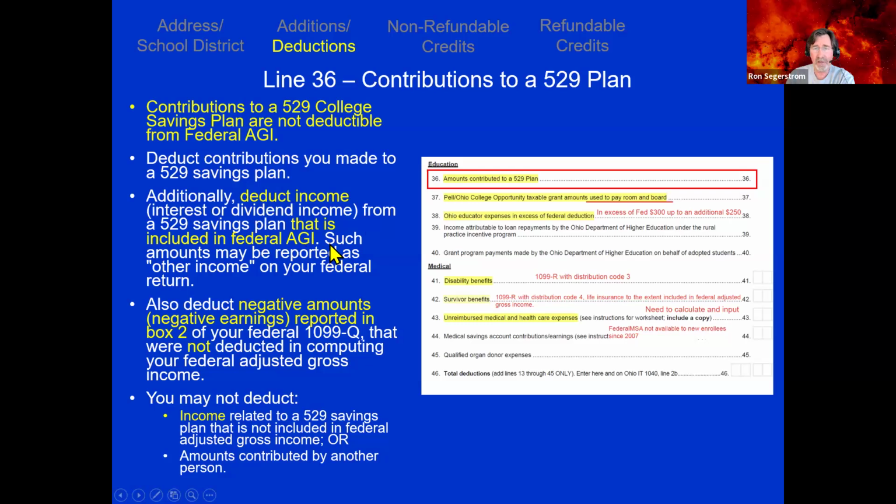Additionally, deduct any income that 529 plan generates, like interest income or dividend income, if that income shows up on the federal form as income somewhere you got a form, then you can deduct it additionally off of your Ohio 529 plan line right there.